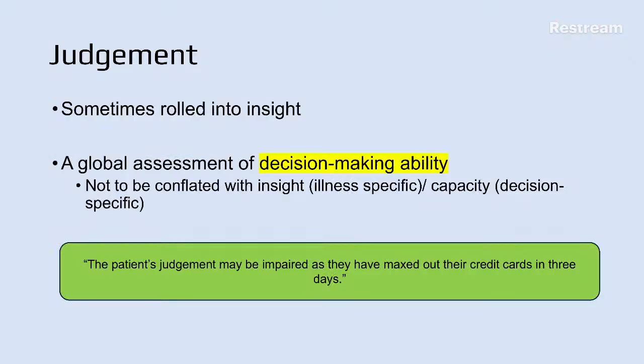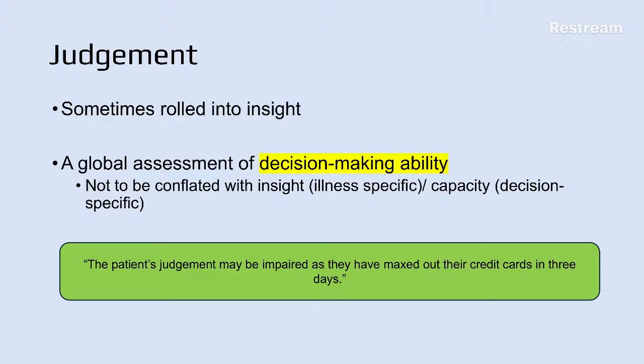Great. Let's talk about judgment. Judgment is sort of rolled into insight, I think, and it's a global assessment of decision-making ability. Some people like to make this quite explicit. You can ask a patient, for instance, if you are alone at home and you smell smoke, what are you going to do? And that's an explicit test of judgment.